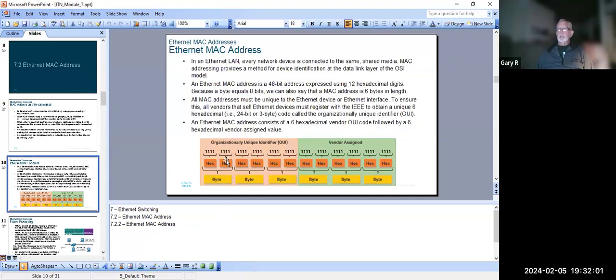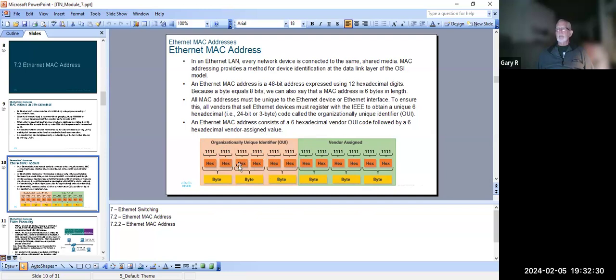So now we see a MAC address. And let's just make sure we get oriented here. So we've got 48 bits with all this. 24 bits here, and 24 bits here. So we have hex numbers here, hex numbers there.